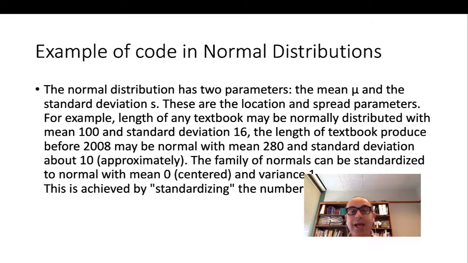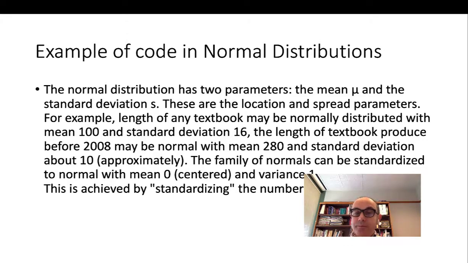The idea here is that if we take an example of a textbook usually distributed with a mean of 100 and a standard deviation of 16, the length of a textbook produced before 2008 might be with a mean of 280 with a standard deviation of 10.